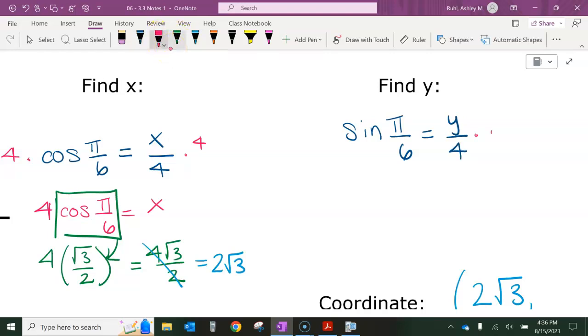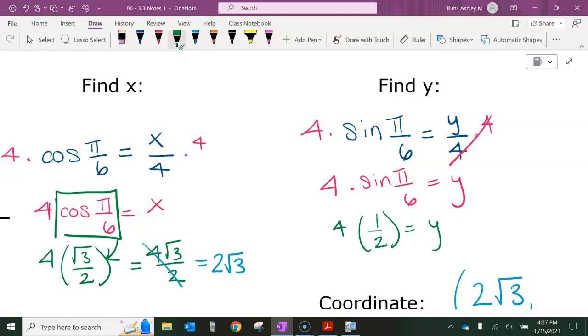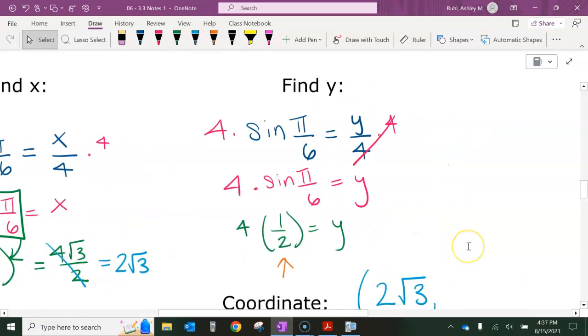Again, I'm going to multiply by 4 on both sides. And that gets me 4 times the sine of pi over 6 is equal to y. Well, the sine of pi over 6 is 1/2. So y is equal to 2, because 4 times 1/2 is 2.